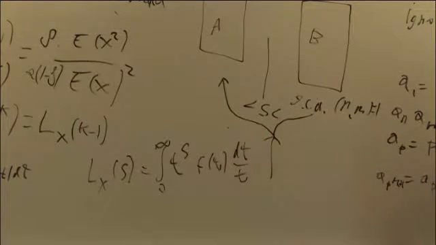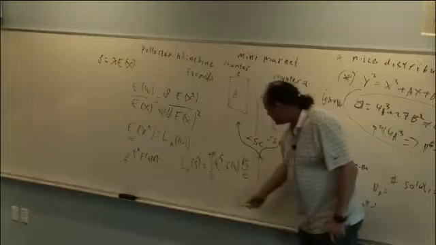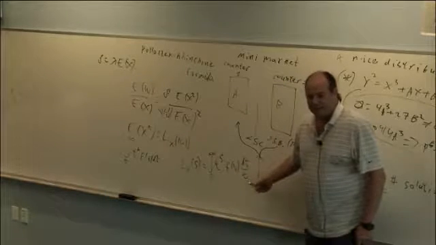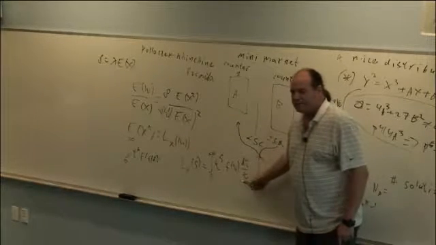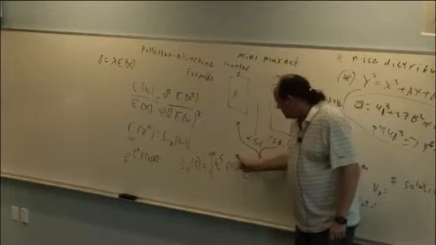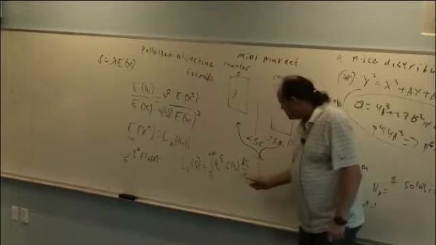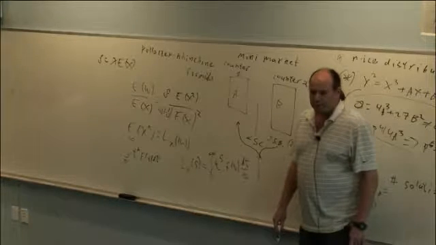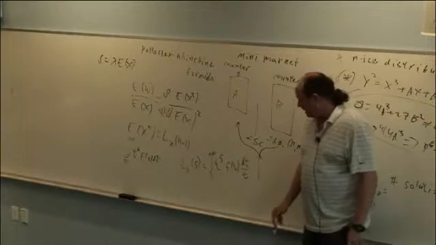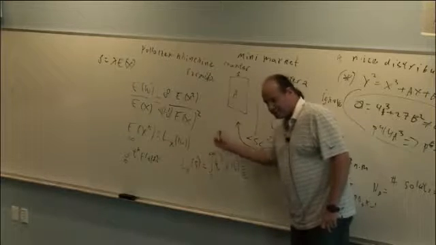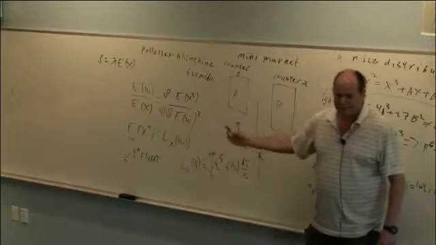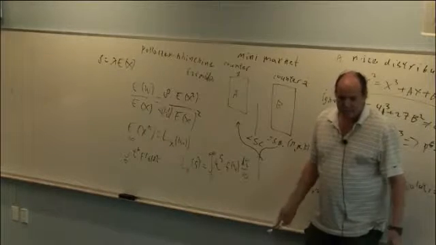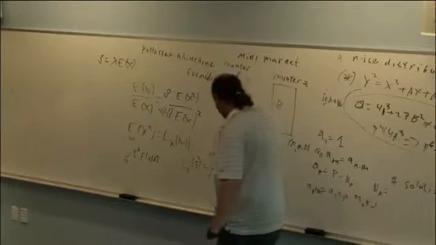Lx of s is the integral of t to the power s, f of t, dt over t. The reason I chose dt over t is that dt over t is the Haar measure for the multiplicative group of the positive reals, and this is a character for the positive reals. This is like a Fourier transform, just called a Mellin transform. This is the same kind of stuff.